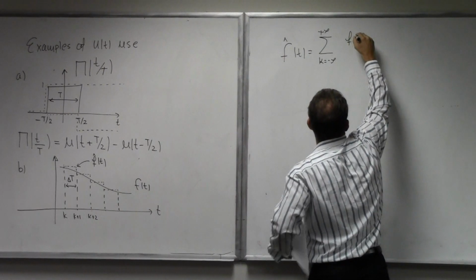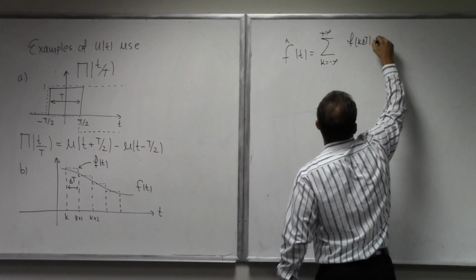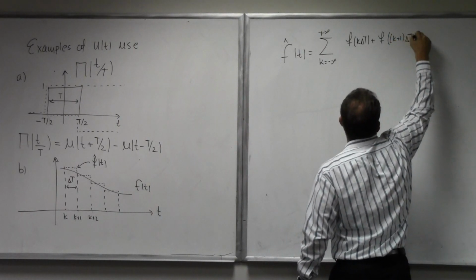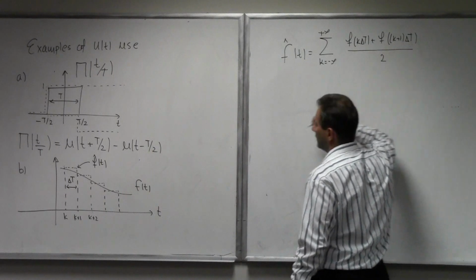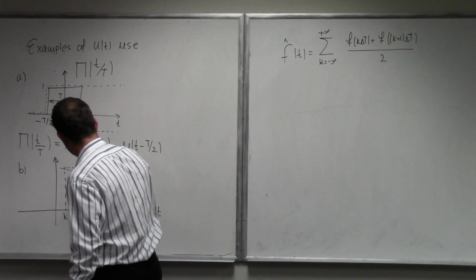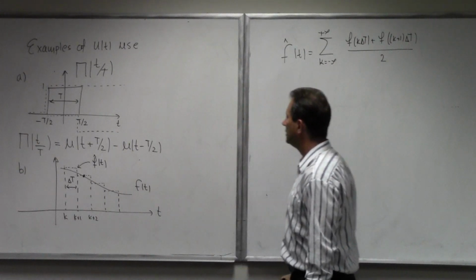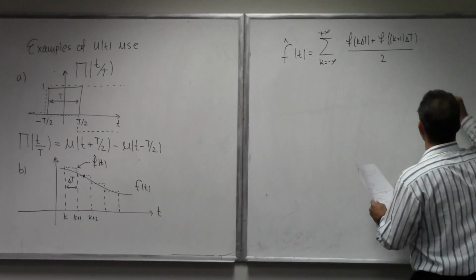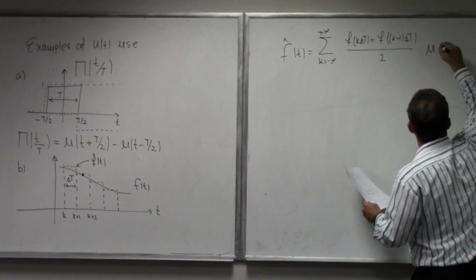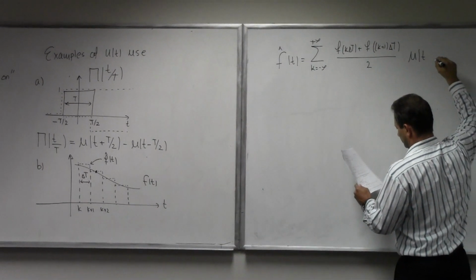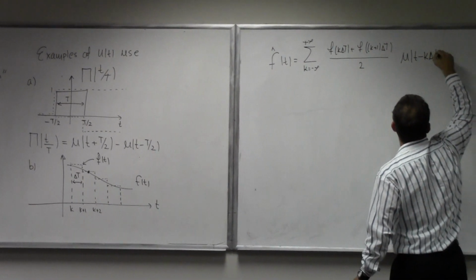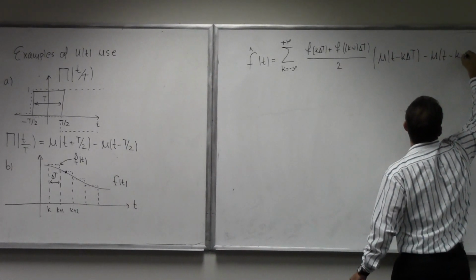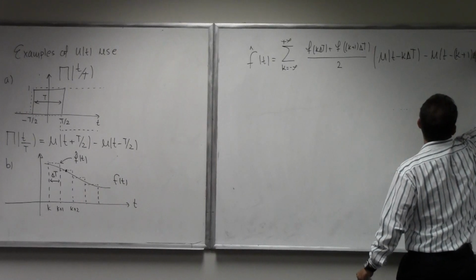And I can say this is f(k delta t) plus f((k+1) delta t), divided by 2, which is the value at this point in between these two ends of the interval. So that's the average value of the approximation in this interval. And then I can say this is u(t - k delta t) minus u(t - (k+1) delta t).